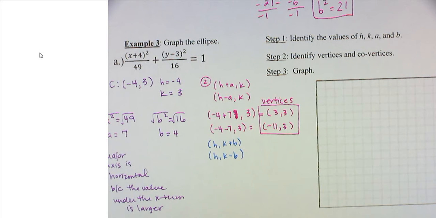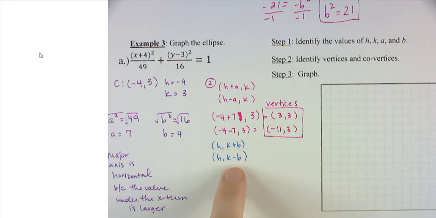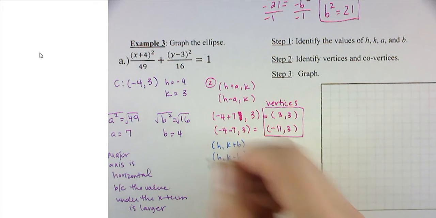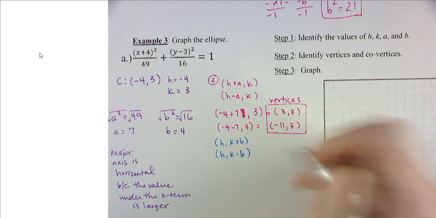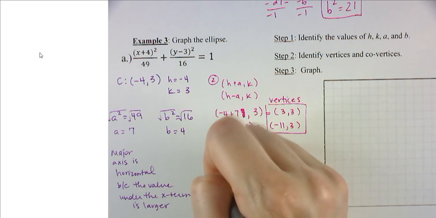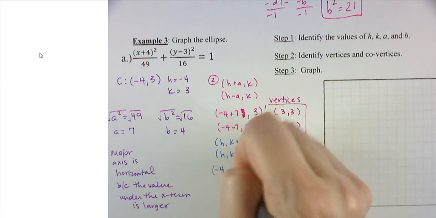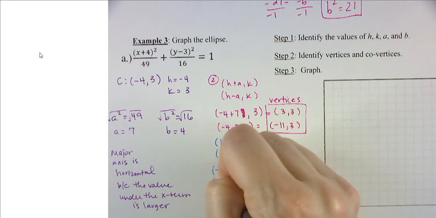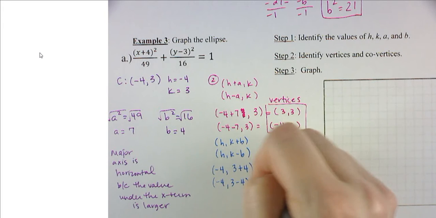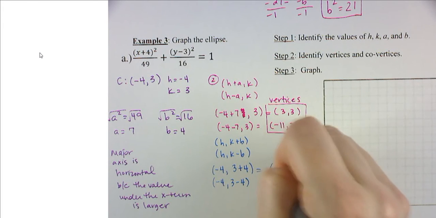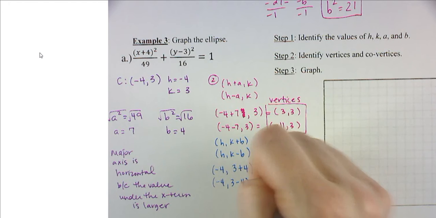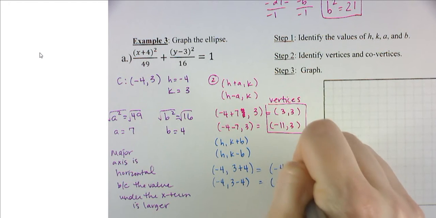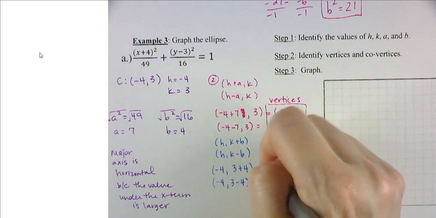The minor axis is going to be the Y, which is why we're adding and subtracting the B value. So my H value is -4. So this is going to be -4, 3 plus 4, and then -4, 3 minus 4. So I have negative 4, 7, and I have negative 4, negative 1, and those are my co-vertices. And now I'm ready to graph.